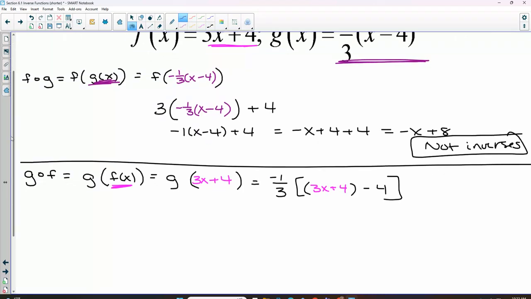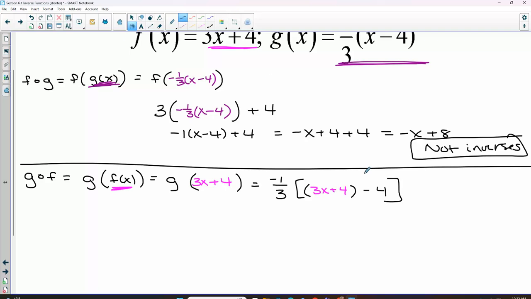All right, so now we simplify. If you have plus 4 and minus 4, what happens? Cancel. So we have negative 1/3 times 3x, which is just negative x. So again, you could see we didn't get x, so they're not inverses.